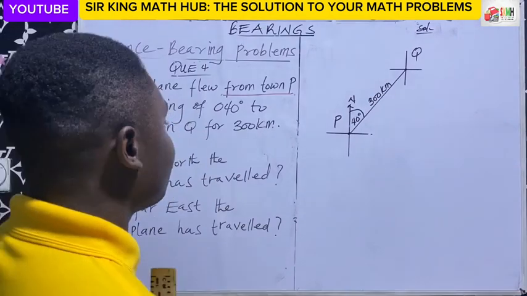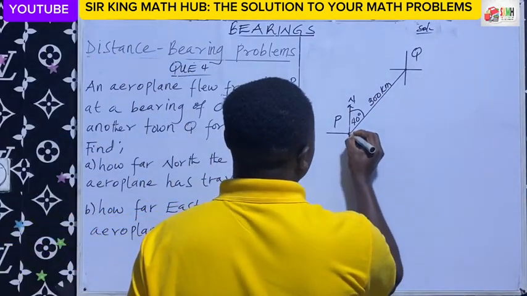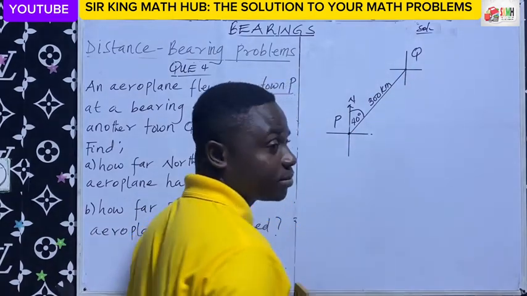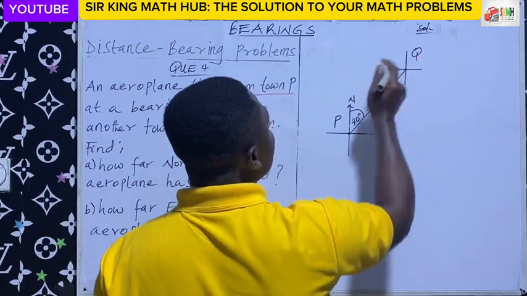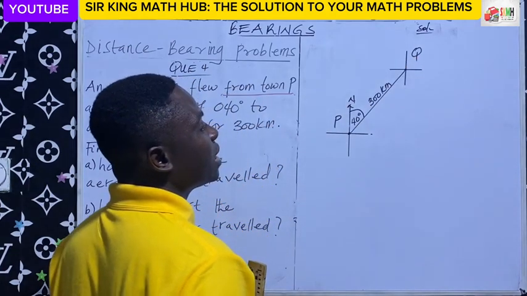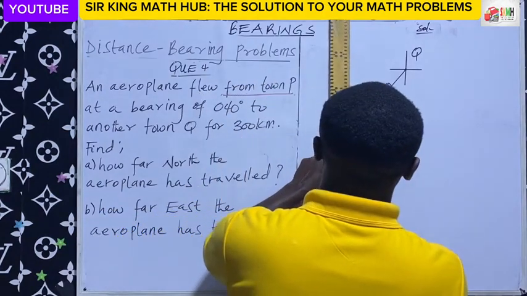So now let's look at something. This is the starting point of the plane and this is the plane's destination. So from the starting point in relation to its current location, this is how far north it has traveled.